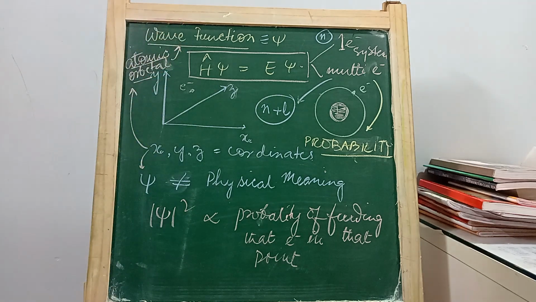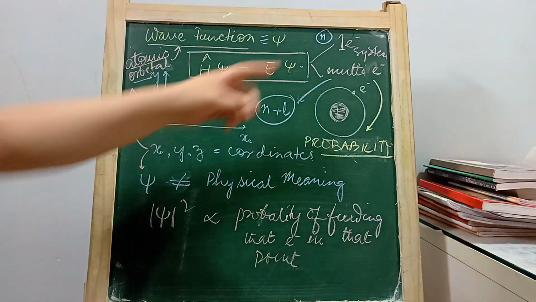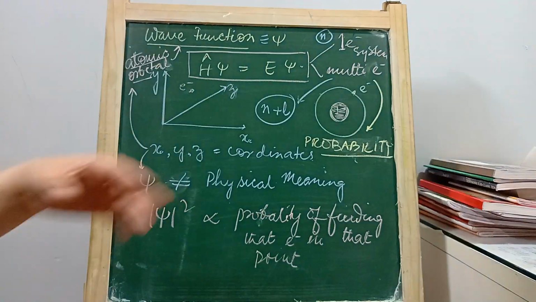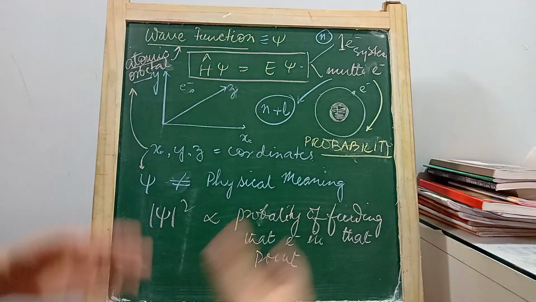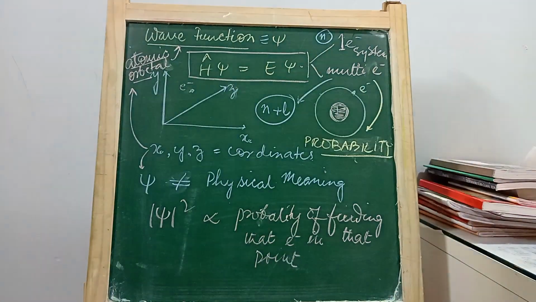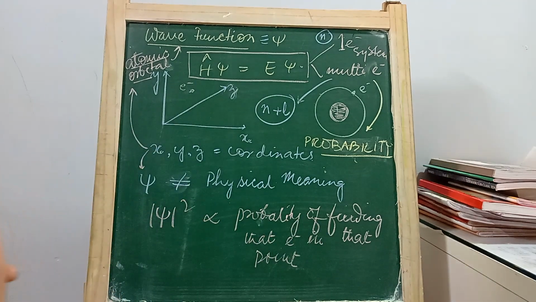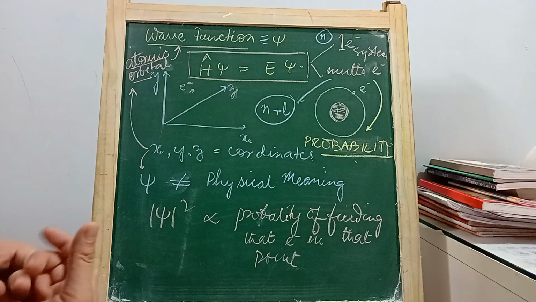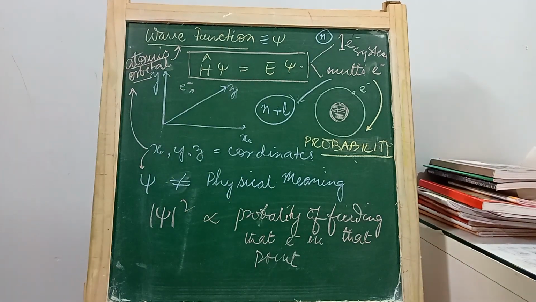Although it's easy to solve Schrodinger's wave equation for a one electron system, when it comes to a multi-electron system, having 2 or 3 or 4 electrons, for other atoms, it's quite difficult, and we will not be able to calculate the value of psi. So we will use an approximate method.